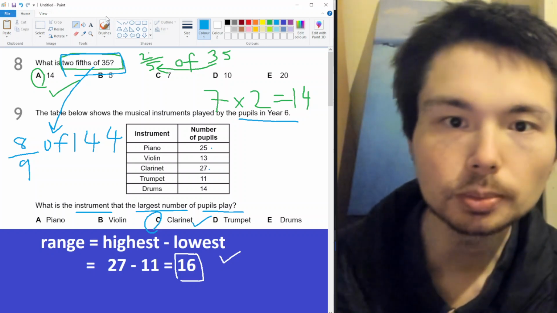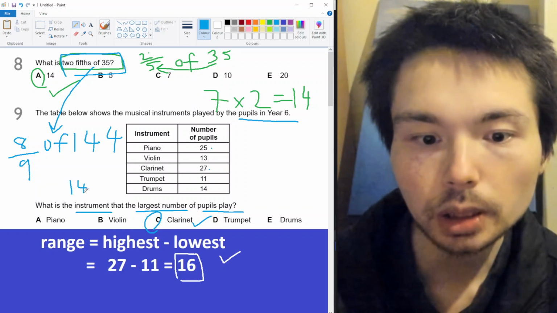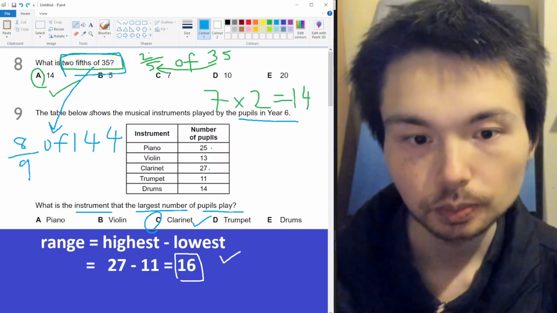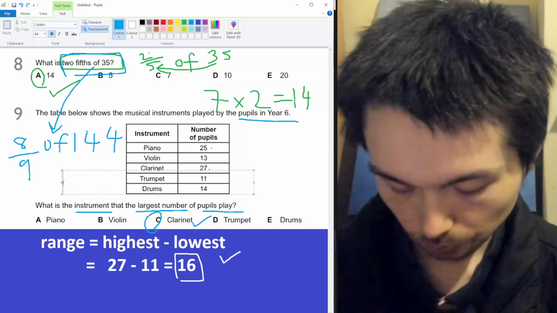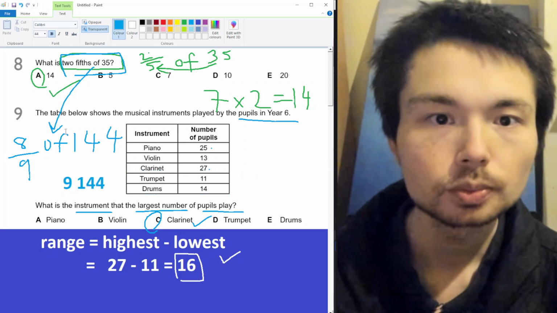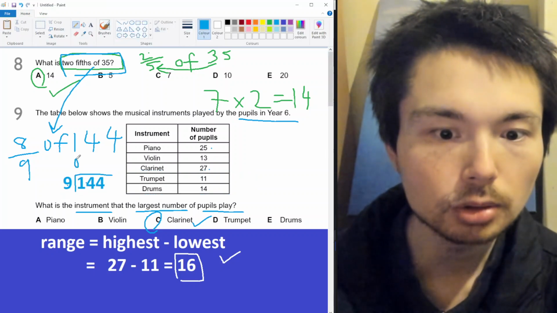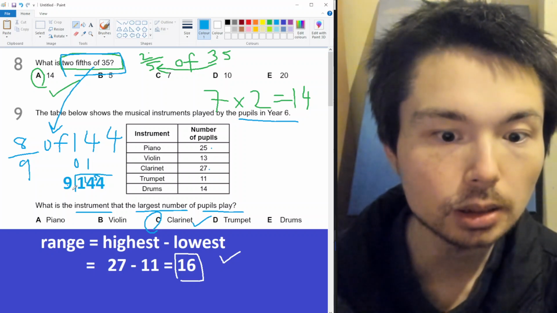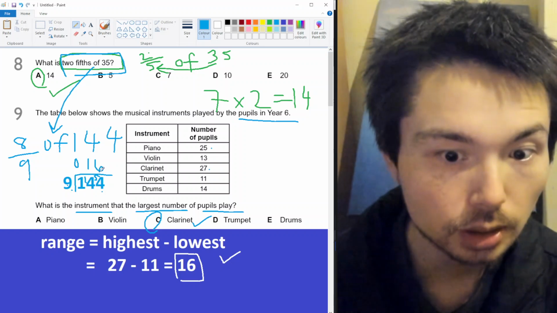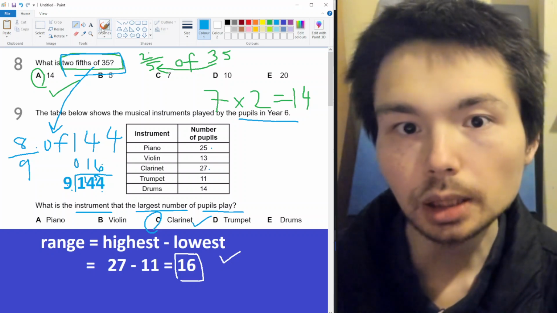Let's do short division. 144 divided by 9. First step, how many 9s go into 1? 0, remainder 1. How many 9s go into 14? 1, remainder 5. How many 9s go into 54? 6. So that is 16. Now you do 16 times 8.